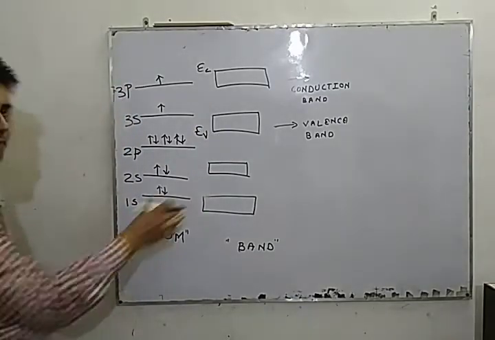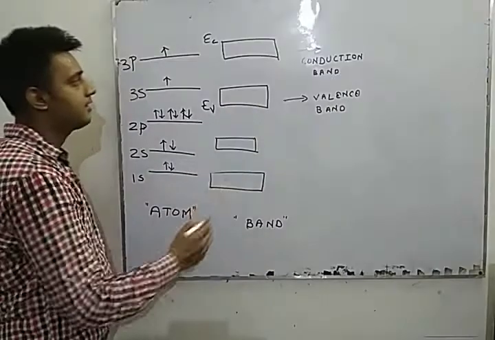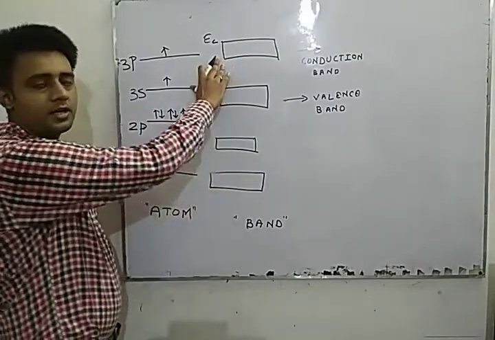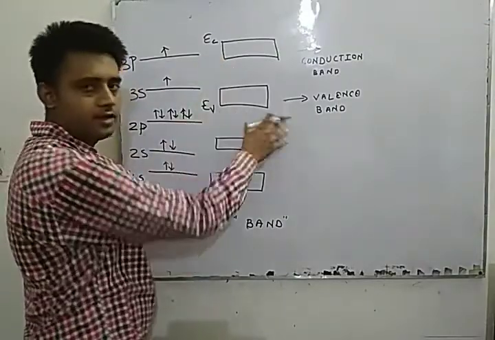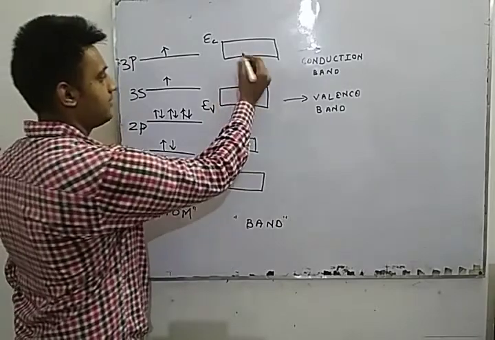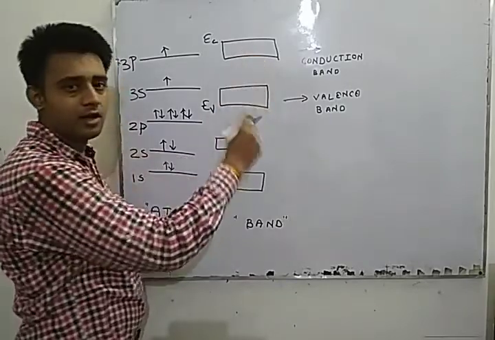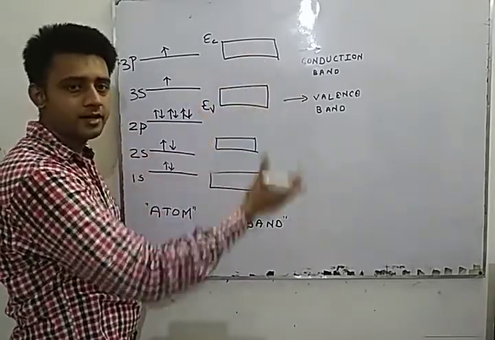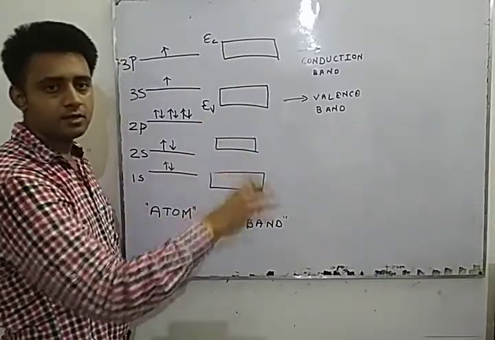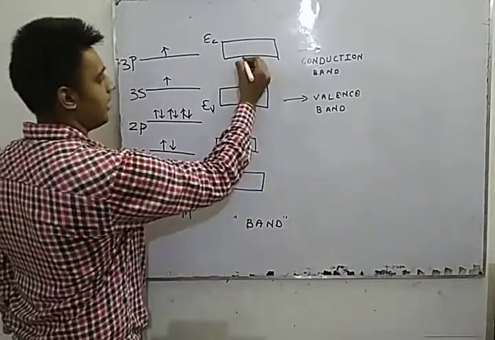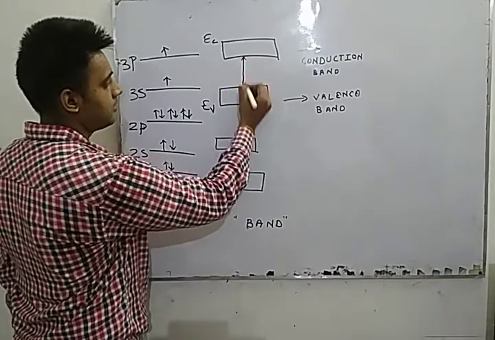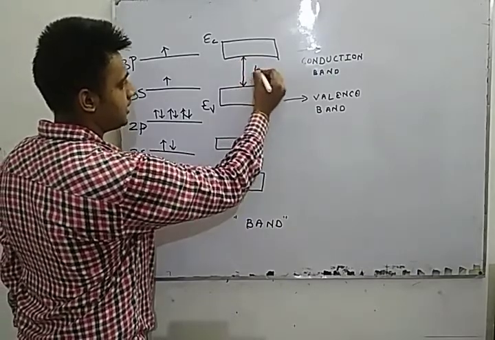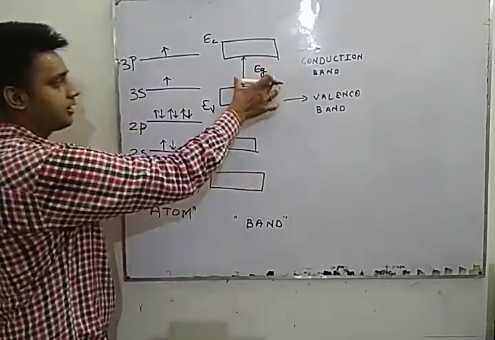So it is just a band diagram. You can see that EC is the energy of the conduction band and EV is the energy of the valence band. Here we define a new term called the energy gap, not the Fermi energy, it is called the band gap energy, EG.